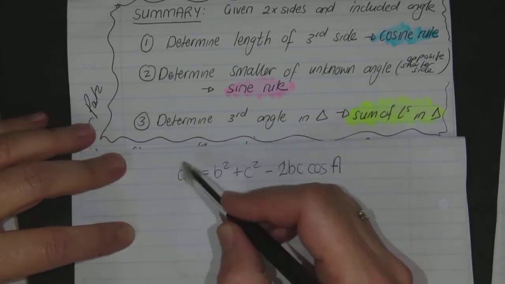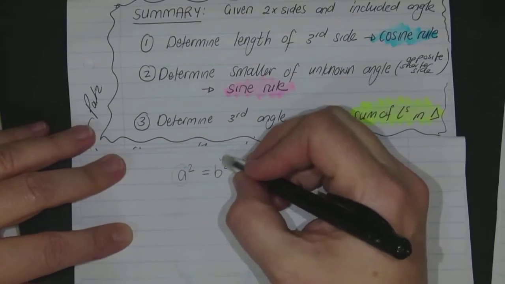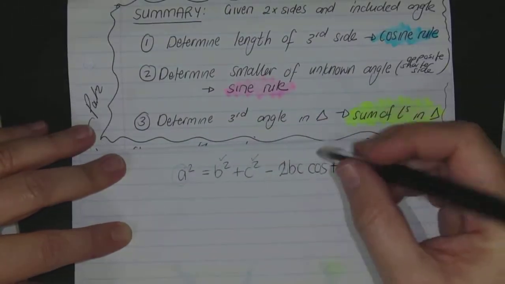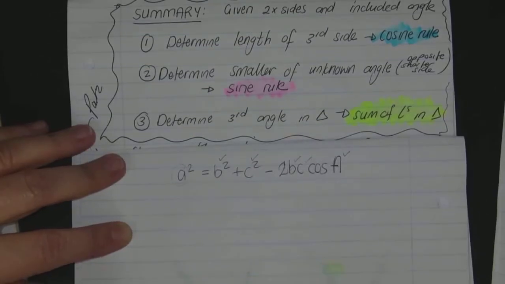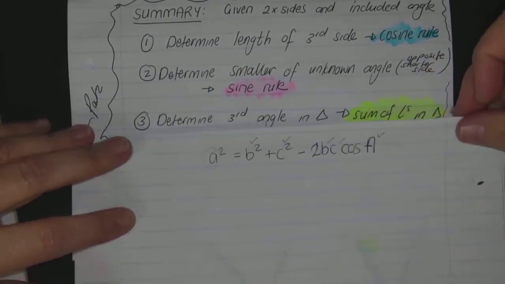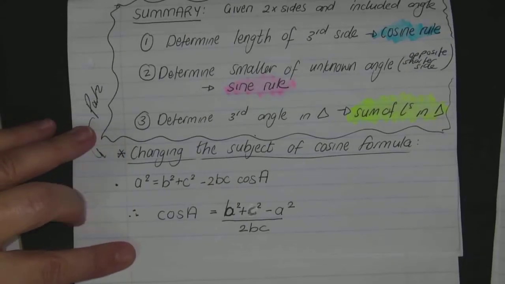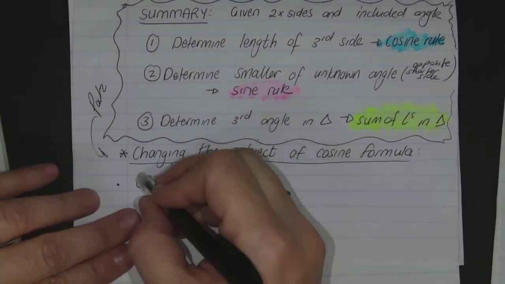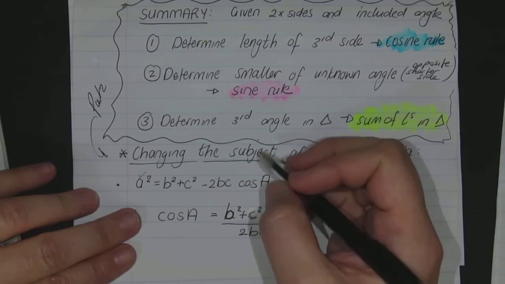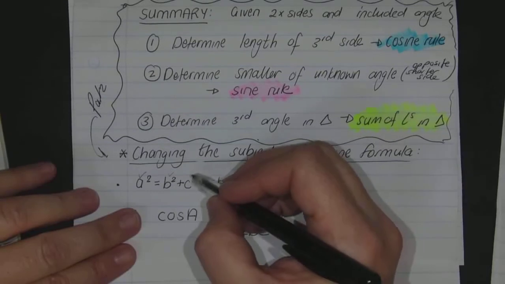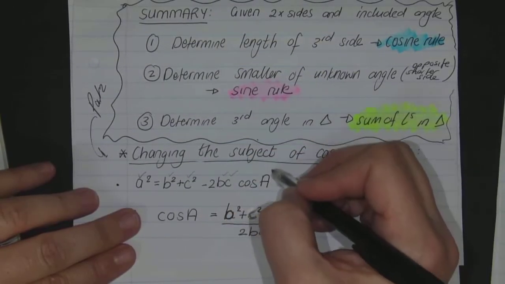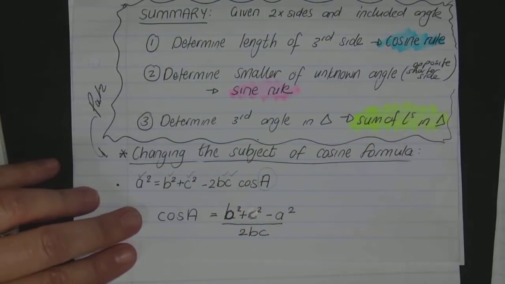Instead of leaving out the length of a and giving you b, c and angle A, I can decide to give you the lengths of A, B and C, and ask what happens if I have to work out the angles.